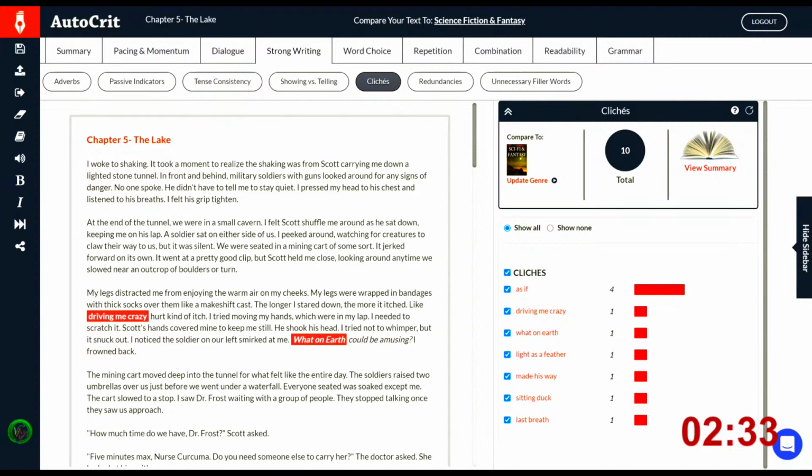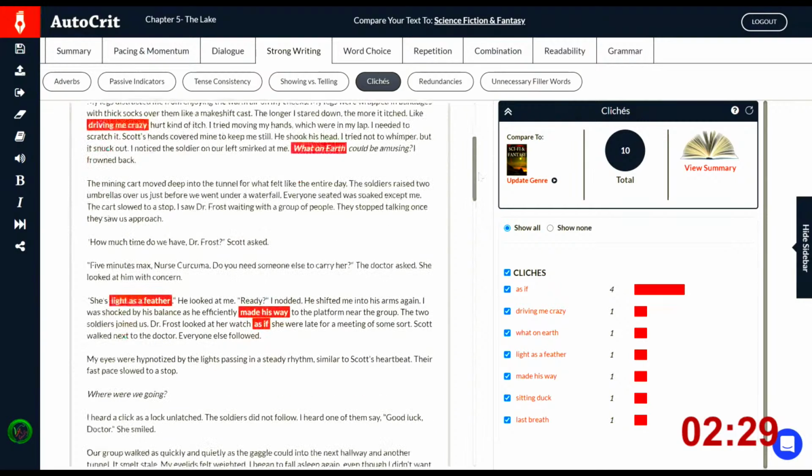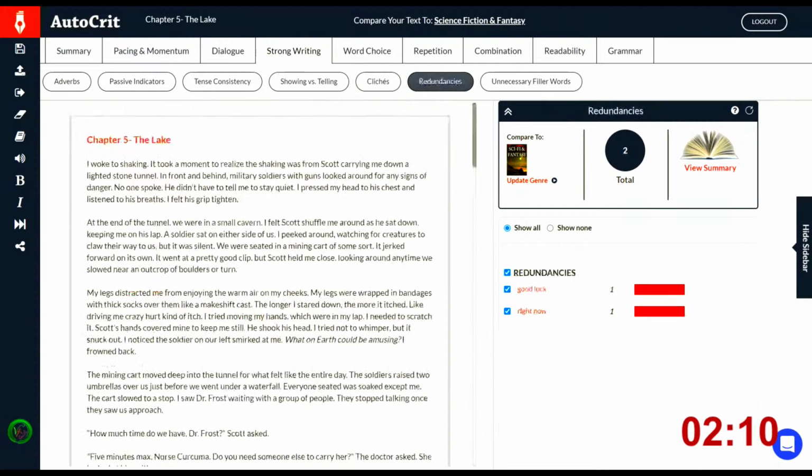Not bad at all. Cliches. I'll write that down. 10 cliches. 2 redundancies.